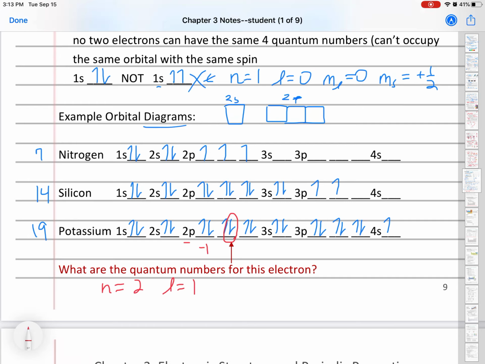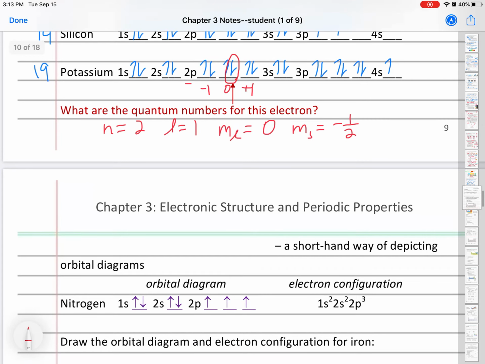And if we were to label these orbitals with m sub l numbers, they would be -1, 0, and +1. So I'm going to say the m sub l is 0. And the spin is down, so it's a -1/2. Okay? Just reinforcing and practicing those quantum numbers.